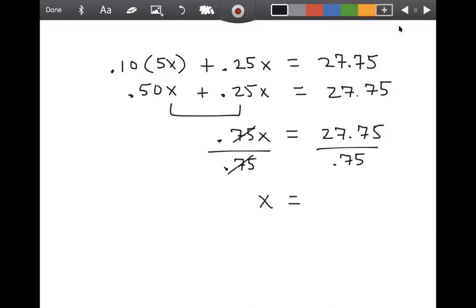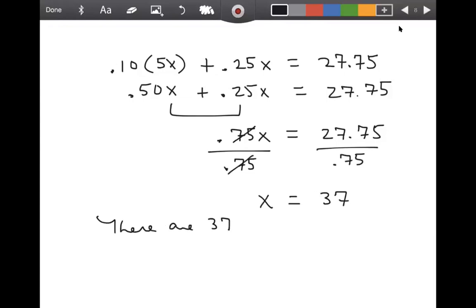All right, so using the calculator, we end up with 27.75 divided by 0.75, which comes out to 37. All right, remember that's the number of quarters.